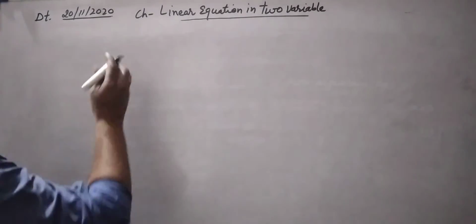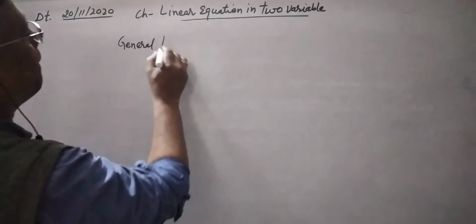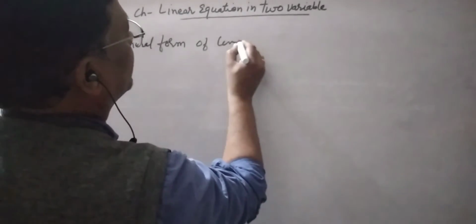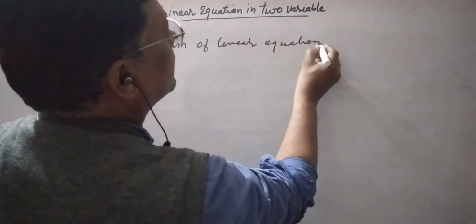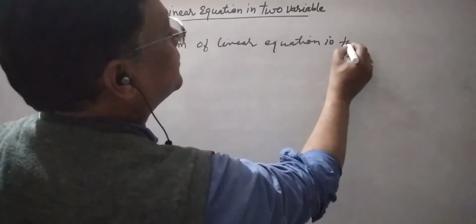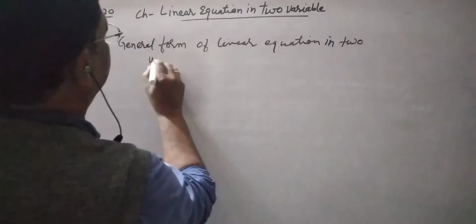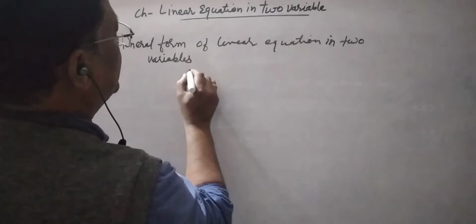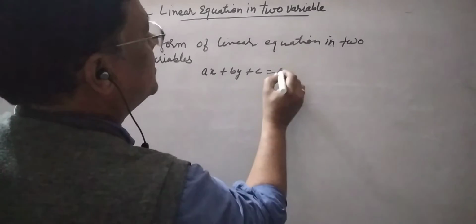So we have the general or standard form of a linear equation in two variables, that is ax plus by plus c equals 0.